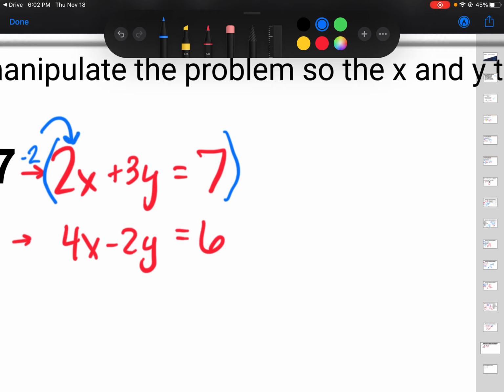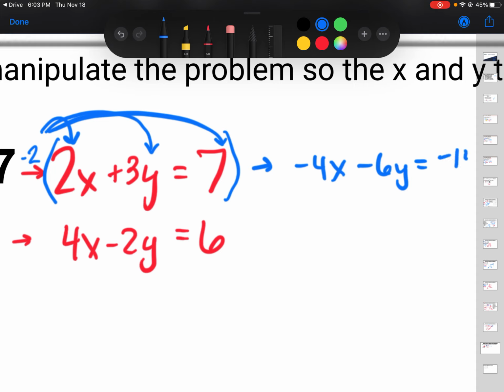Multiply this through. Negative 2 times 2x is negative 4x. Negative 2 times 3y is negative 6y. Negative 2 times 7 is negative 14. Keep the second equation as is. We didn't need to manipulate it.